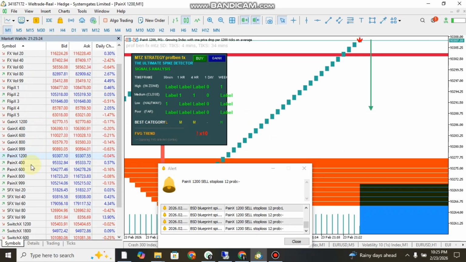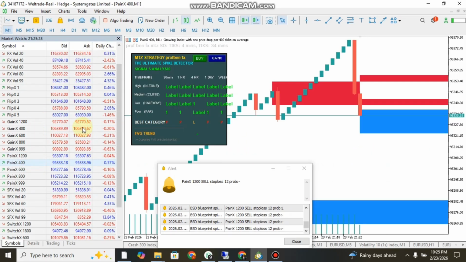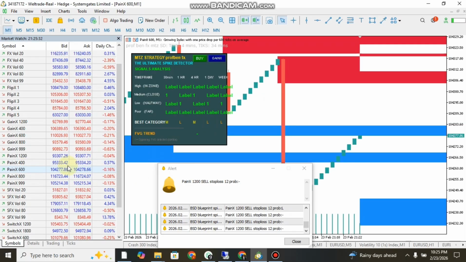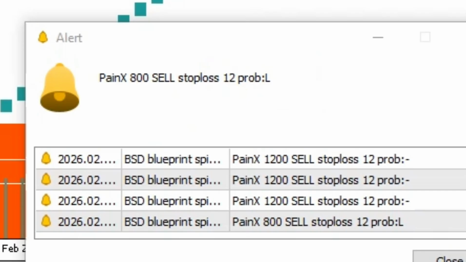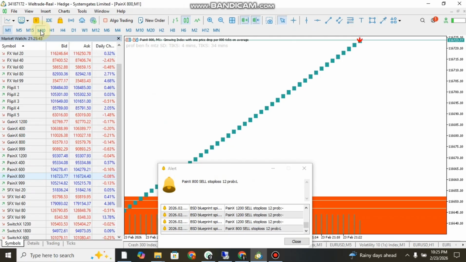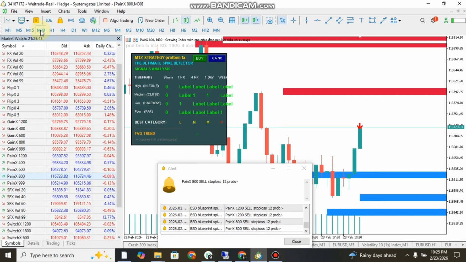Now, on the same thing, remember, the reason I keep updating this software and making sure that everything is correct is to ensure that you, as the blueprint trader, as part of my community, become independent, and mostly become a consistent, profitable trader.